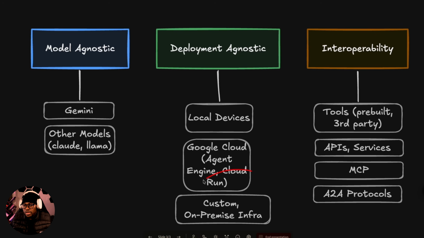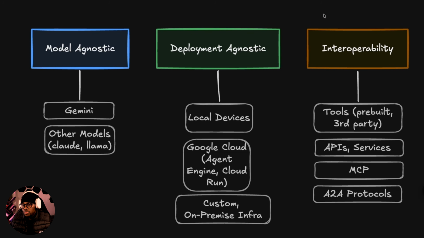And then you also have Cloud Run as an option to deploy on GCP. But then you can decide to run your agent locally as well, which will be seen in a moment, or you can decide to run them on a custom cloud of your choice or some on-premise infrastructure that you have. The possibilities are almost limitless. You can deploy them wherever you can basically run your Docker containers.